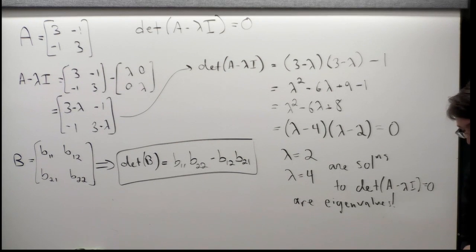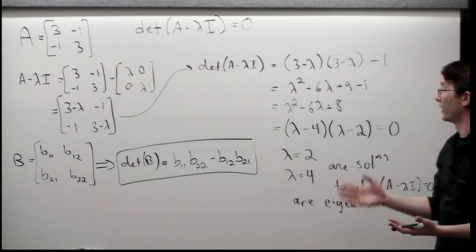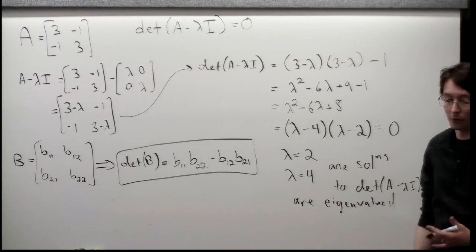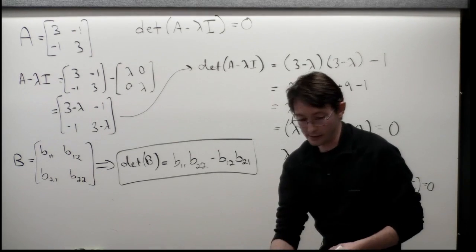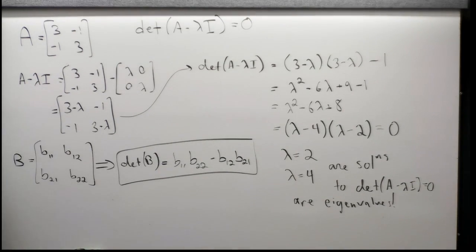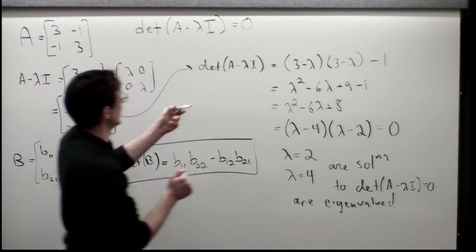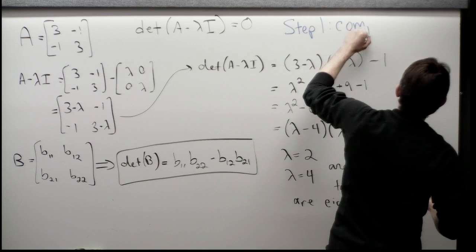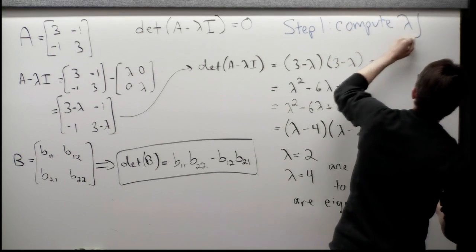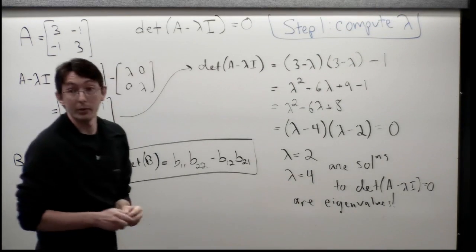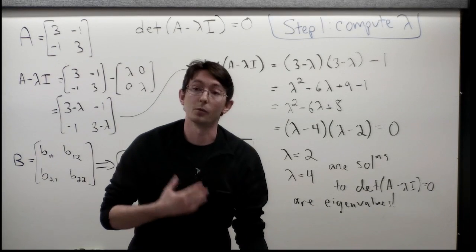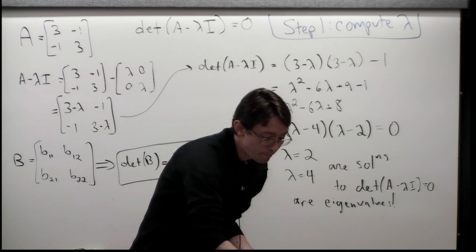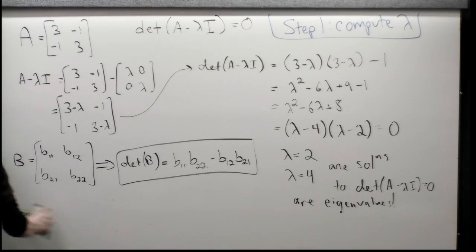Okay, great. So now that we have our eigenvalues lambda equals 2 and lambda equals 4, this is kind of step 1: compute lambda. The second step is going to be to compute my eigenvectors once I have lambda.